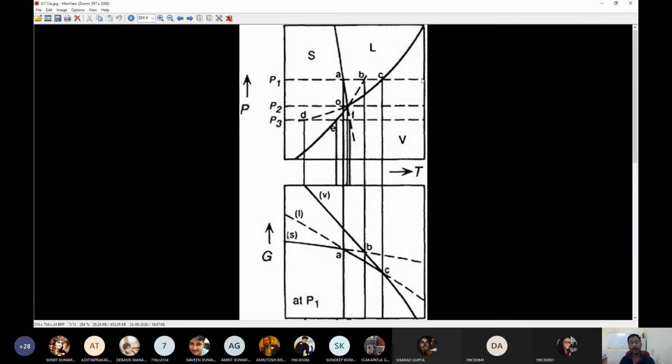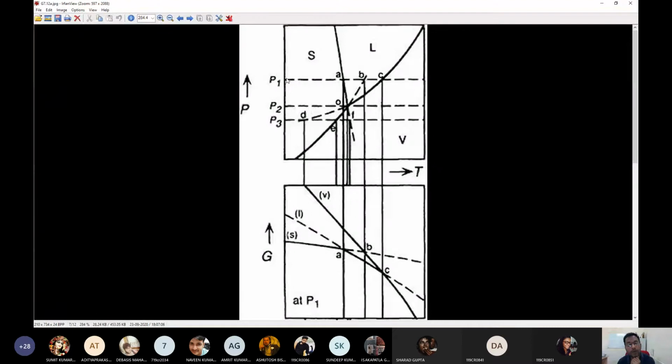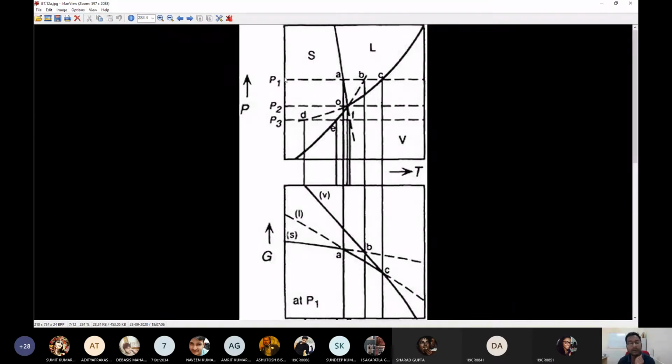Okay, so if that were to be so, then what will be the molar free energy of the solid phase over this regime, from here to about TA? What will be the molar free energy of the solid phase? Because this is the primary phase field of the solid phase, the molar free energy of S, the solid phase, must be minimum from here to here over this temperature.